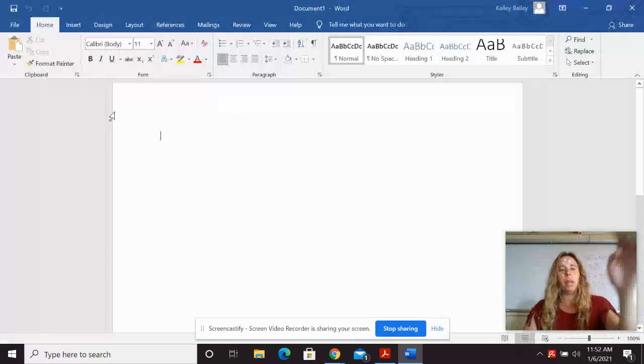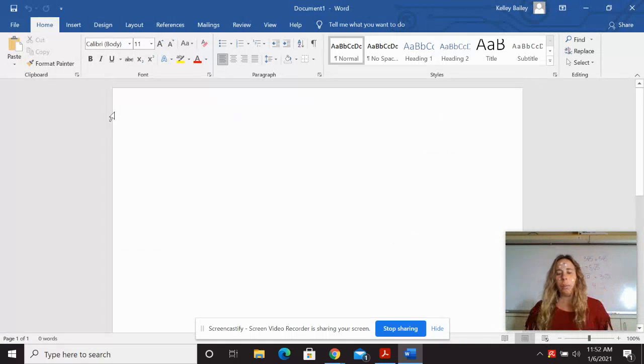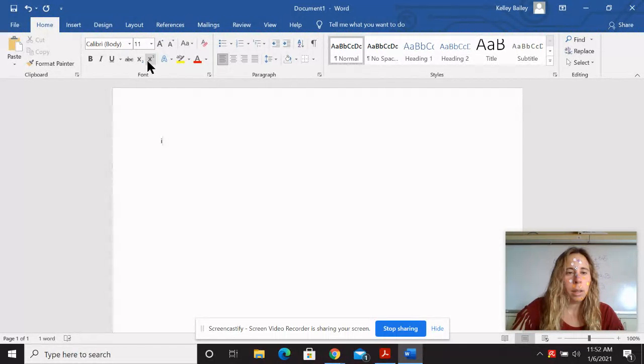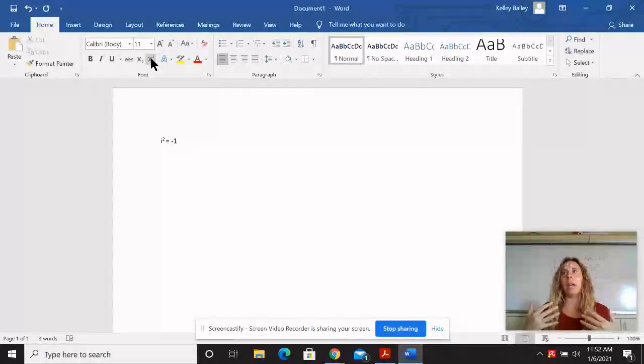Okay, so we know that I squared equals -1, right? We did that in class. Then I think the easiest way to do this problem is to figure out what is I cubed and what is I to the 4th power, and then you're going to multiply all of those together.